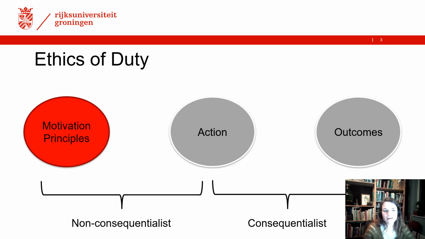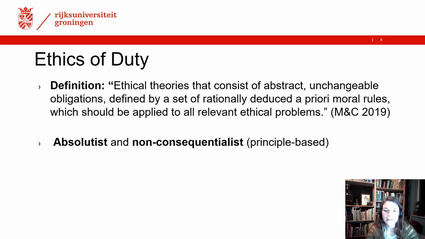So if we were to say that the motivation is the most important aspect to decide upon the morality of an action, then of course we need some kind of principle to which the motivation should adhere. So how can we decide whether a motive is actually the right motive? That's something that we're going to find out. So the book defines ethics of duty in the following way, and it's also posted on the slide so you can read with me.